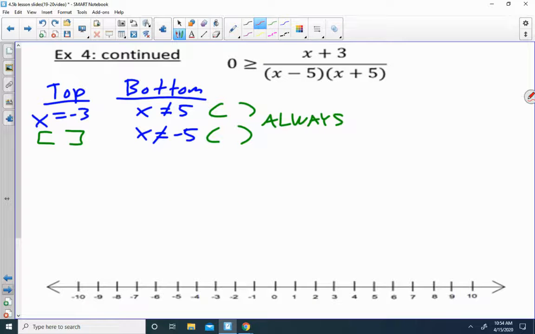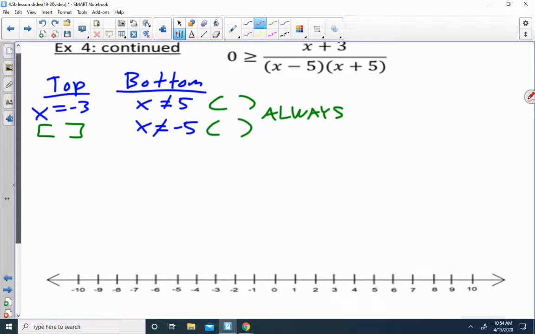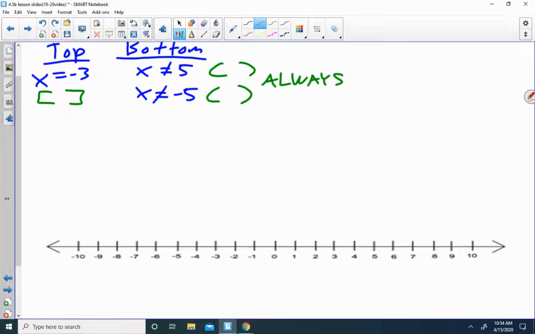We now have the information we need to graph and find some test values. Let's do it. So for the top, we're going to have a border at -3. And at -3, it's going to have closed brackets. Good. And then for the bottom, we're going to have a border at +5. And that one's going to have open parentheses.